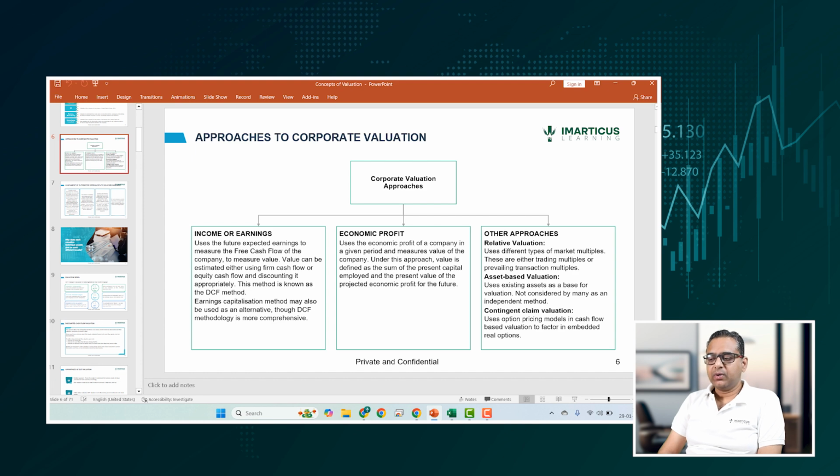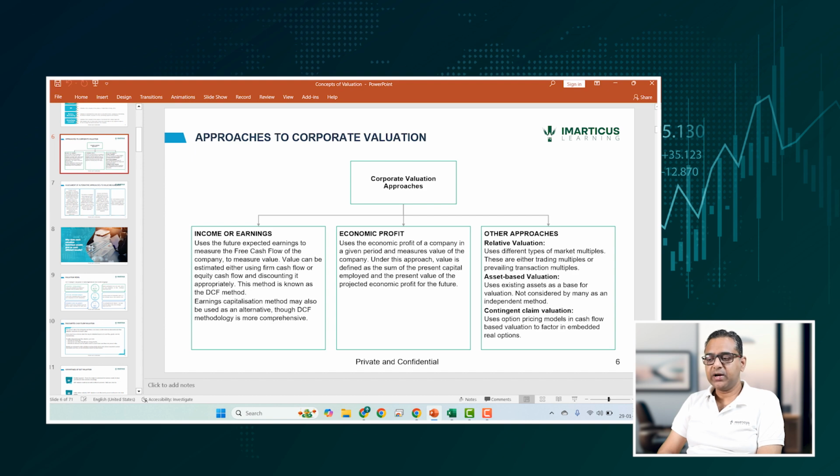So what we do is we look at what price other similar flats were sold in the market, and then we do some adjustments related to the specific location of this flat versus other flats, parking facility, etc. So we can do certain adjustments related to the prices of last transactions, and then we can get an estimate of the value we should get, and this is based on transaction multiples.